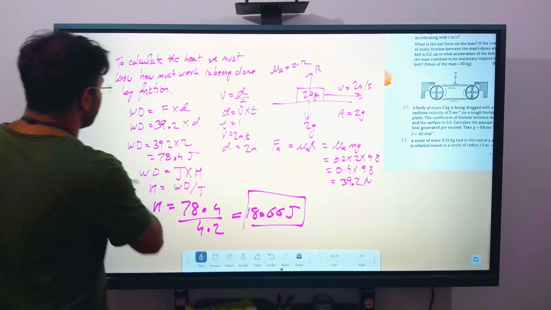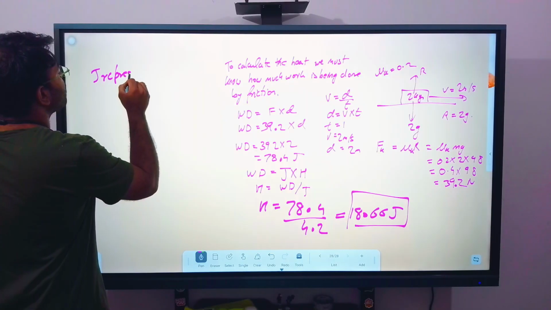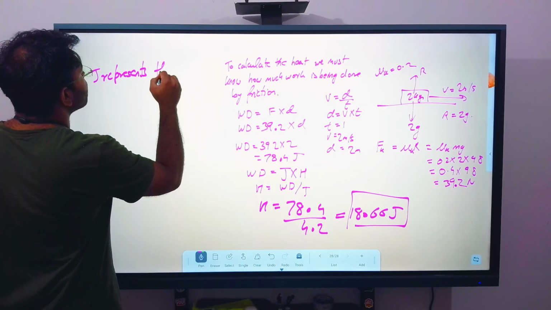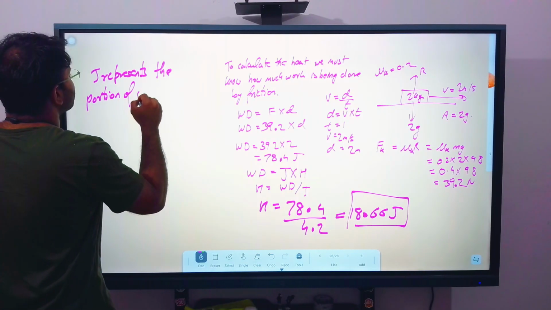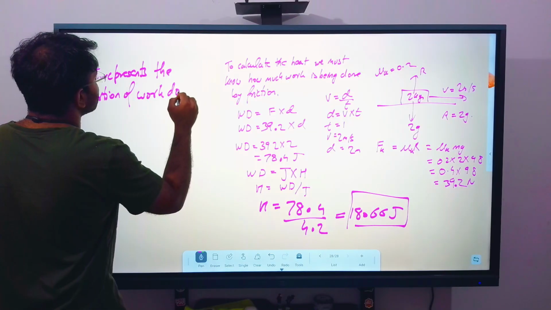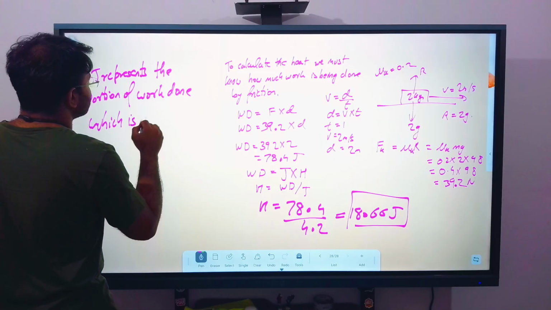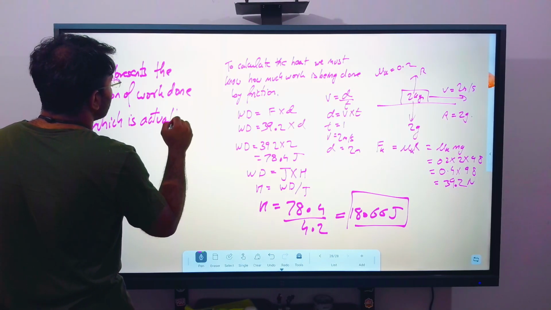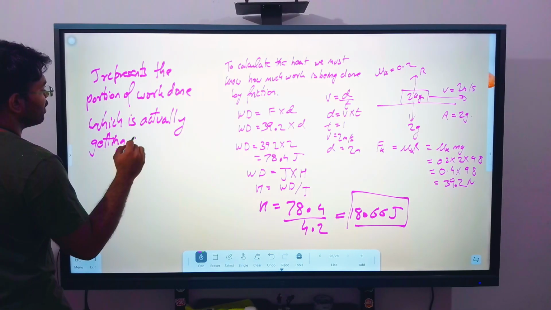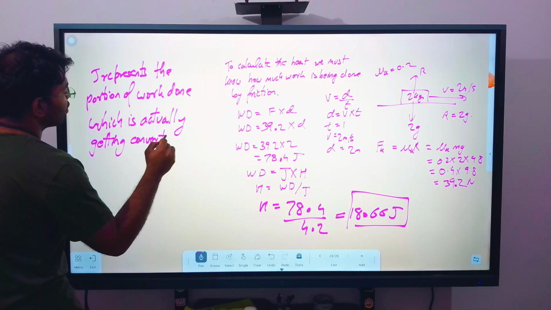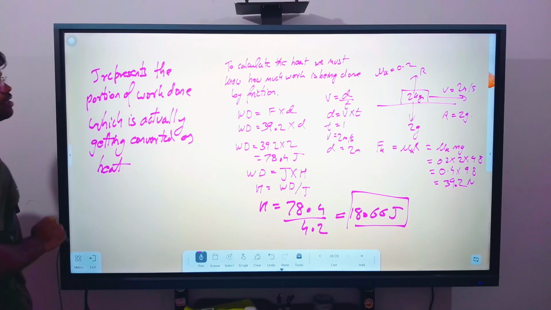So J is the portion of work done which is actually getting converted as heat.